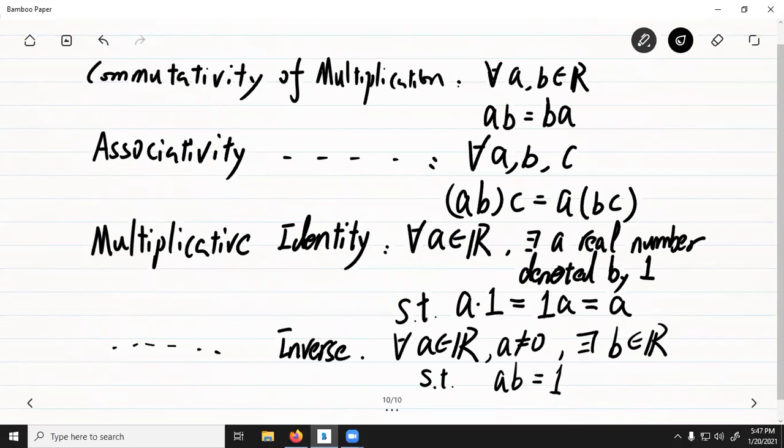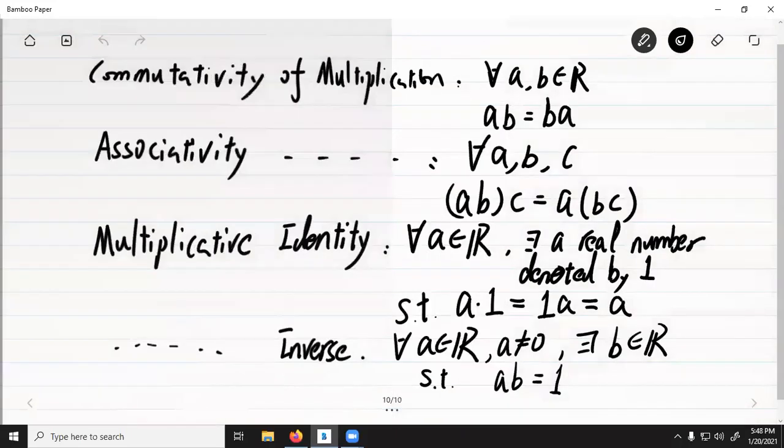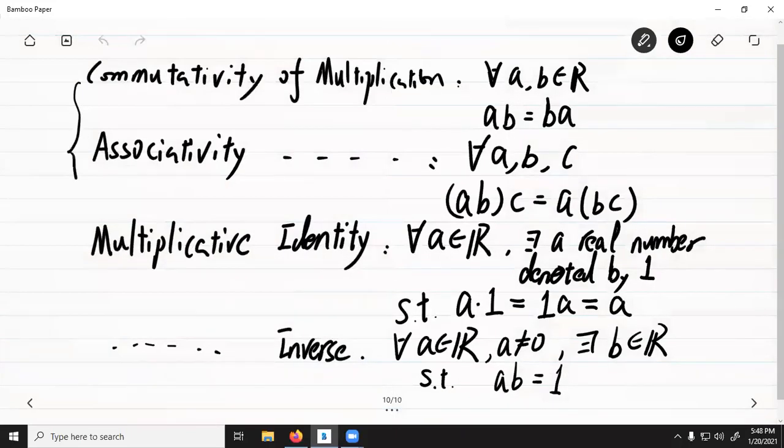So this is called the multiplicative inverse. You multiply by the multiplicative inverse, and it will recover the multiplicative identity. Similarly for the additive inverse: if you add the additive inverse to any real number A, it will recover the additive identity.